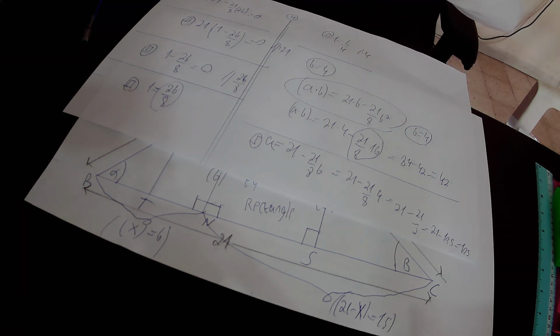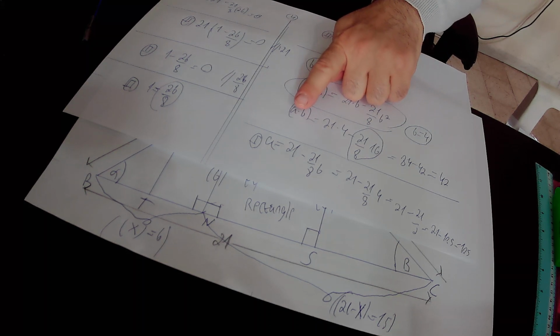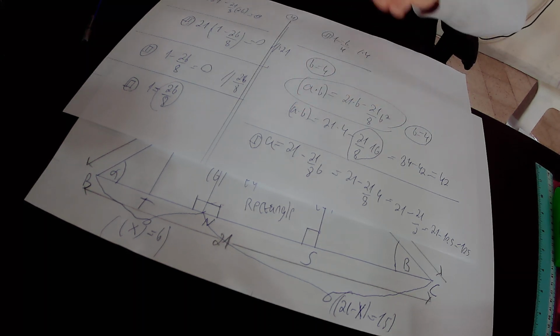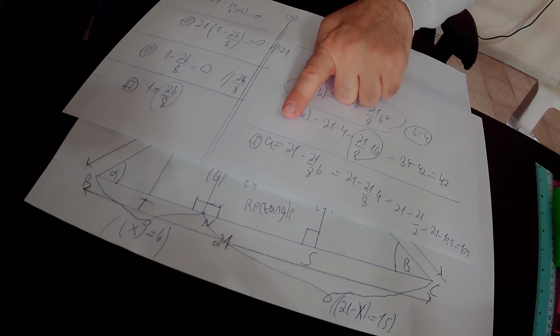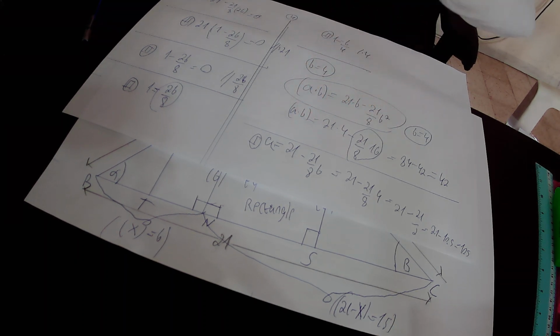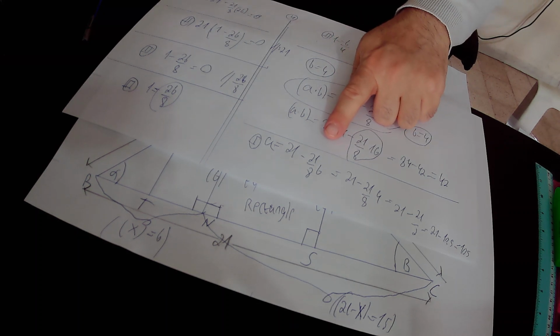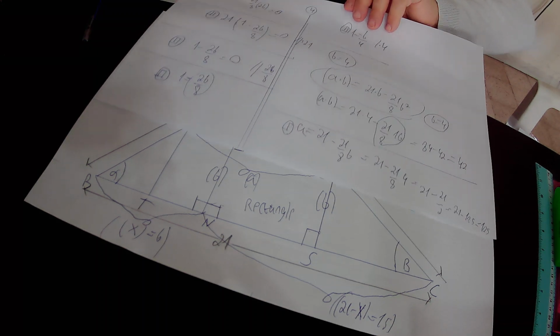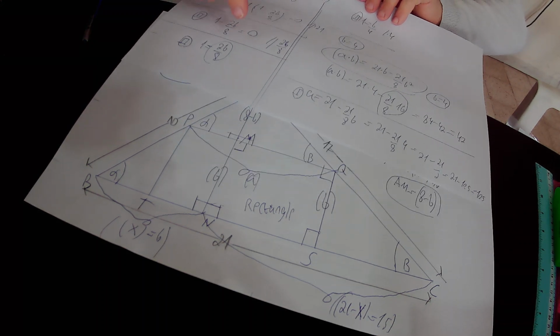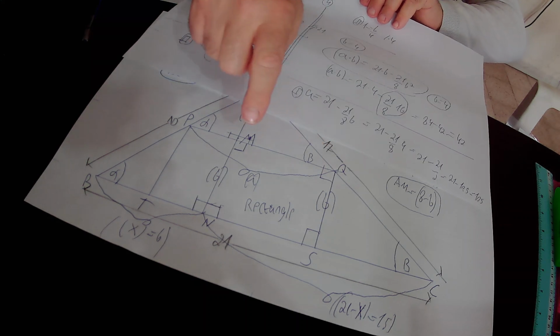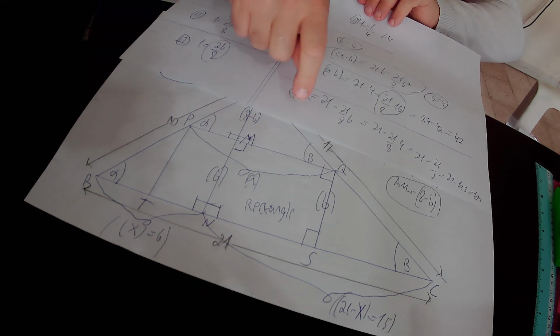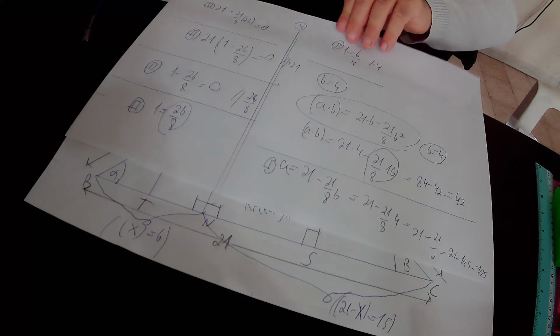So what is the length of the rectangle when B equals 4? We have the equation for the length. The length is A, so A equals 21 minus 21 over 8 times B. We just have to substitute B by 4 in order to find what is the length of this rectangle PQST when B equals 4, and when the area of this rectangle is at its maximum value, that's actually 42 square units.